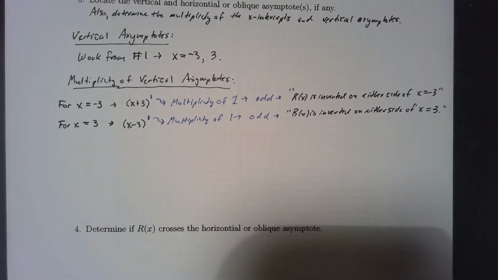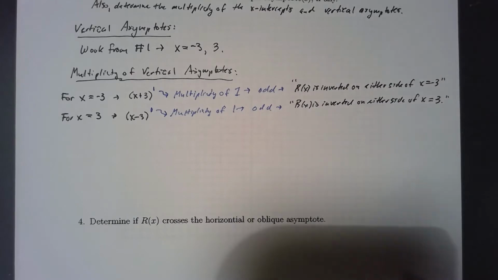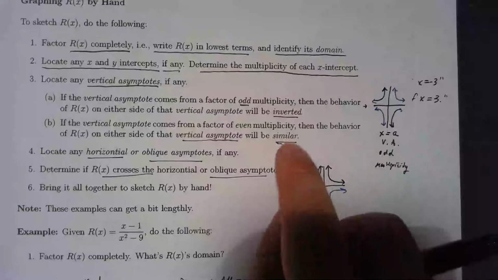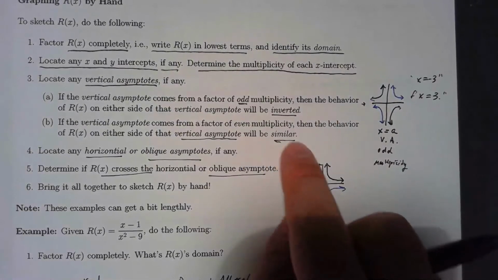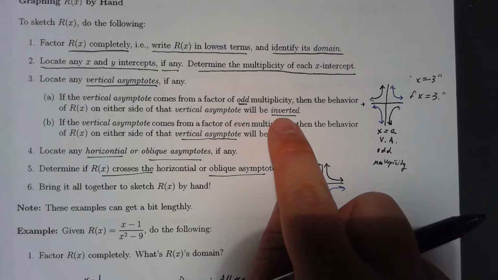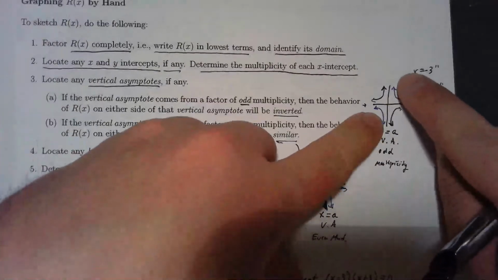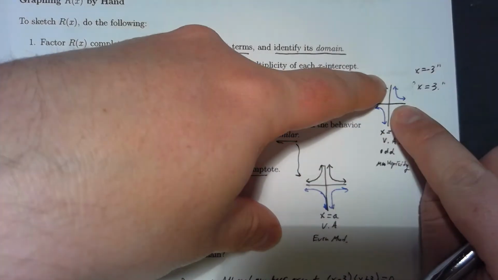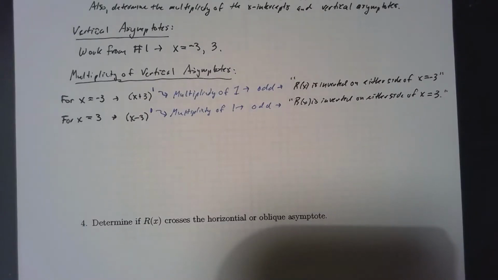So the behavior on either side of -3 and +3 is similar: it's inverted. They're both the same, a case of letter A. So it's doing this or this on either side of that vertical asymptote. You'll see what I mean when we graph it.